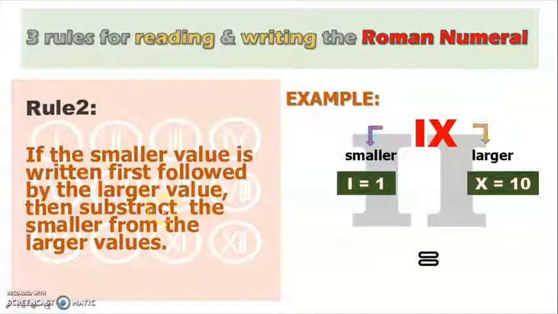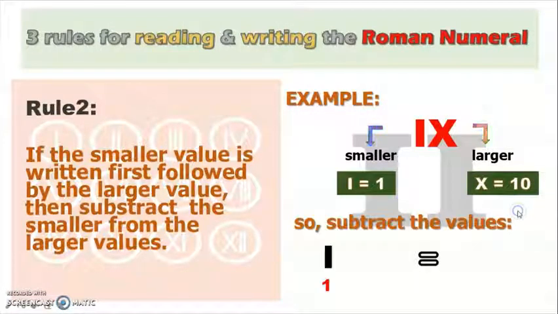So take note of the rule. The rule says that if the smaller value is written first and followed by the larger, then subtract the smaller from the larger. So subtract the values, 1 minus 10. If 1 minus 10, it shows negative, right? The difference is negative.